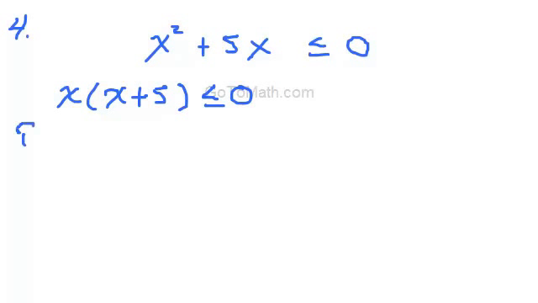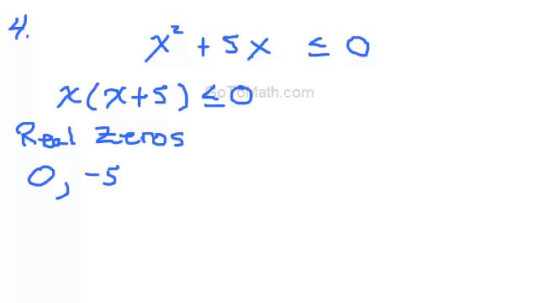Okay, so the real zeros, not the fake ones, are going to be 0 and negative 5, right? That's what makes this side 0. Plug 0 in, 0 times the number is 0, and plug negative 5 in, negative 5 plus 5 is 0. So we set both these factors equal to 0.